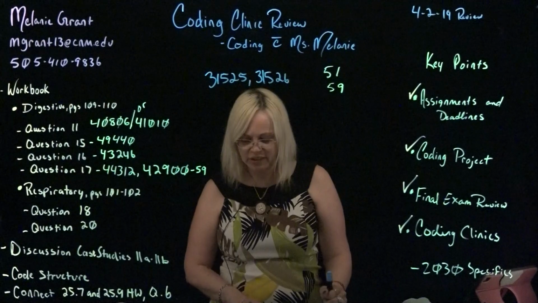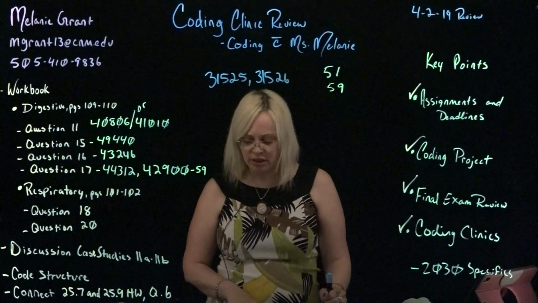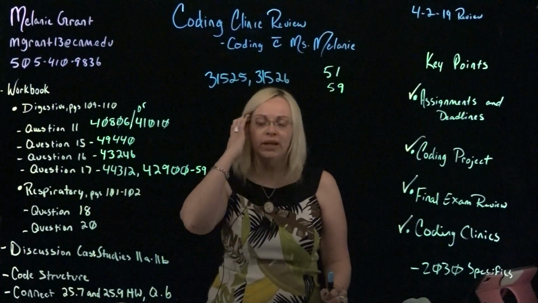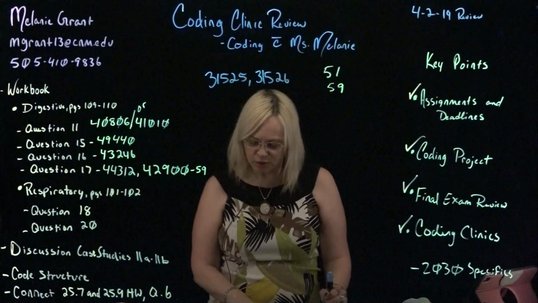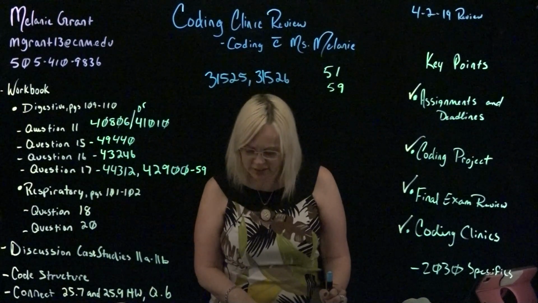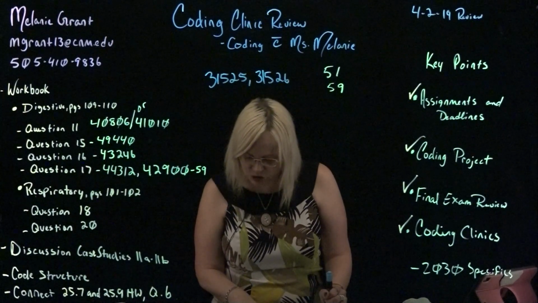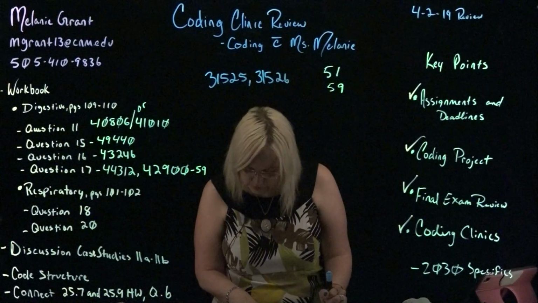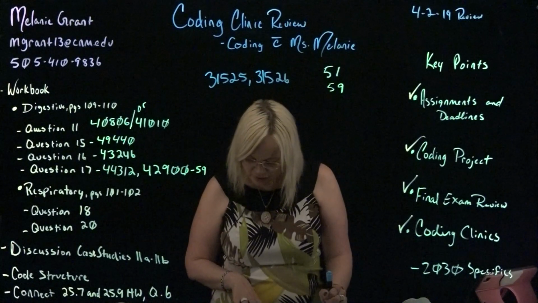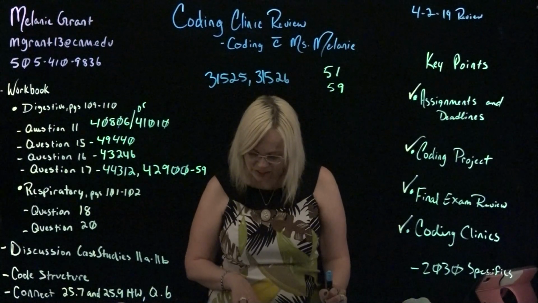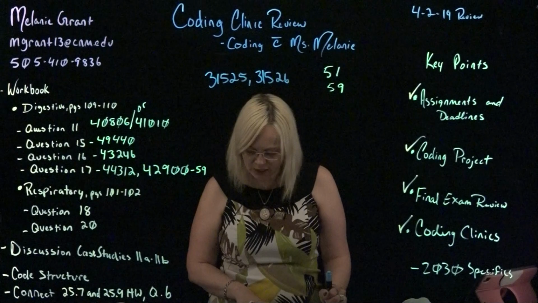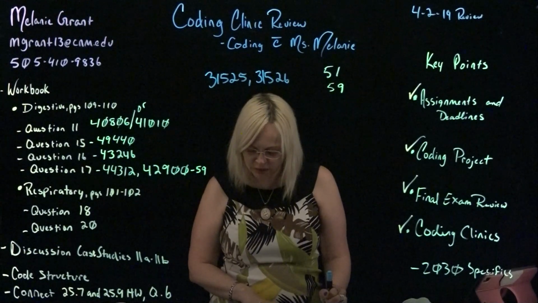So I want to look and find the original indentation for the standalone code, and I also notice that there is some coding guidelines. So first and foremost, I'm going to look at 31505 and see that this full definition is laryngoscopy indirect. I'm sorry, 31525 is from the indented code 31515, laryngoscopy direct with or without tracheoscopy.